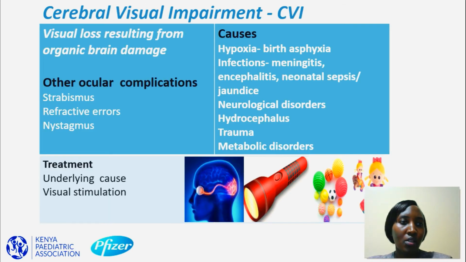So our next condition is cerebrovisual impairment. Cerebrovisual impairment refers to visual loss resulting from organic brain damage. So any conditions that cause organic brain damage, such as hypoxia, and in our setup the commonest cause of hypoxia is birth asphyxia, infections such as meningitis and encephalitis, and neurological conditions, hydrocephalus, and some metabolic disorders can result in poor vision.